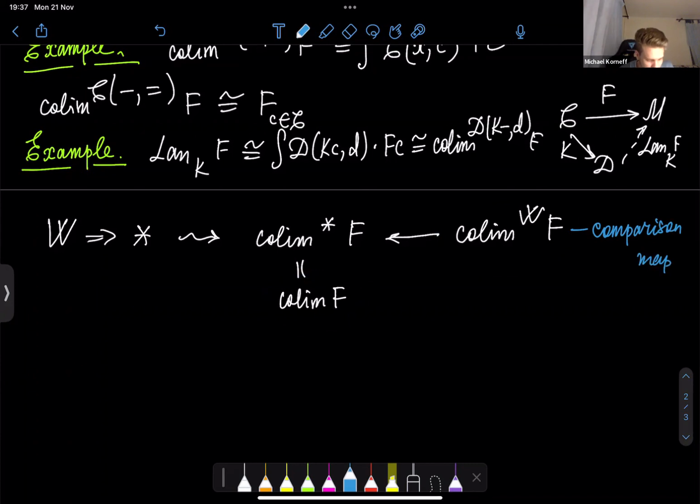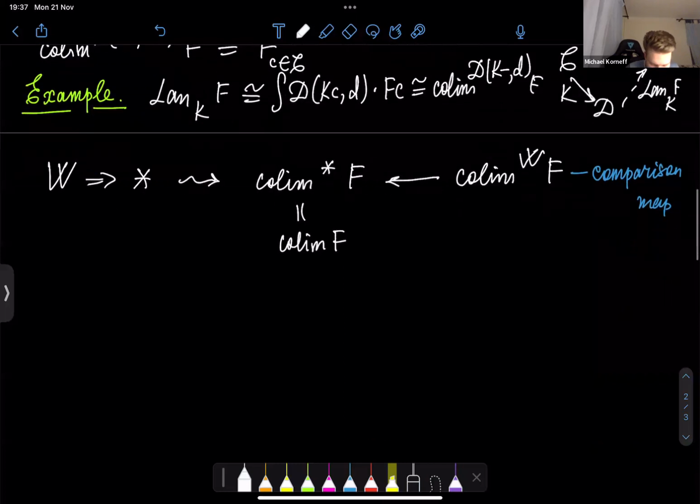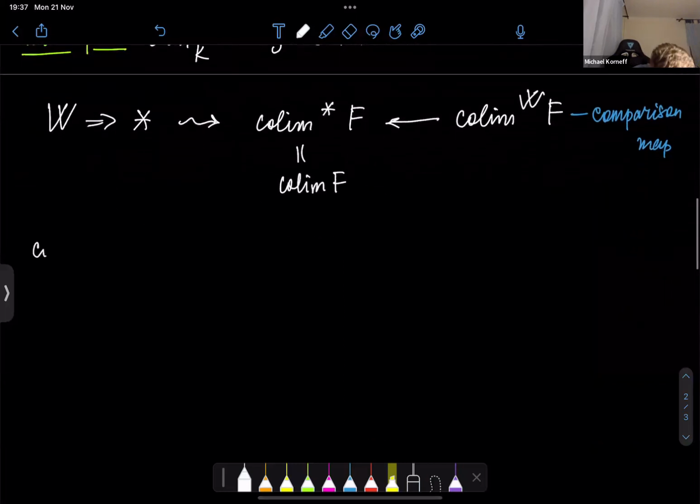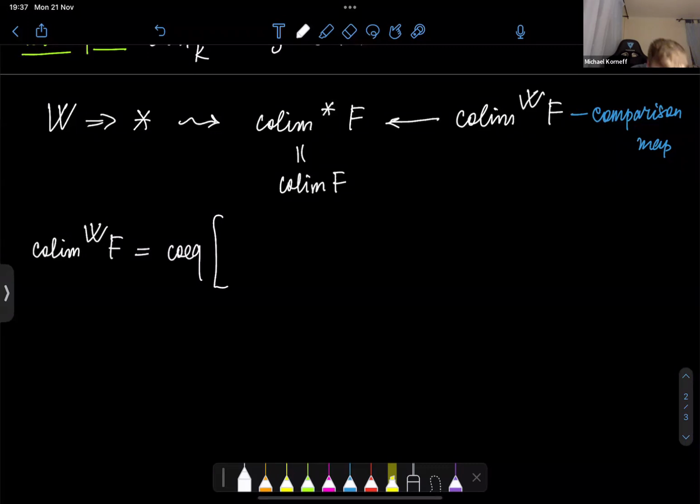Okay, but also we can describe the weighted colimit as a coequalizer, because we know that the coend is just a coequalizer, hence we can write this expression.